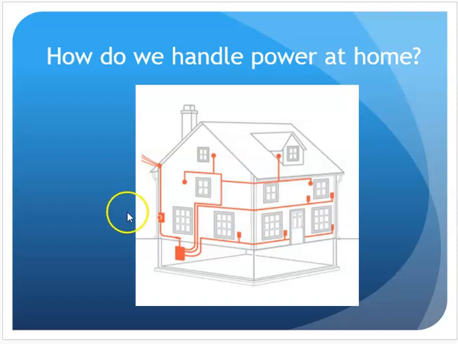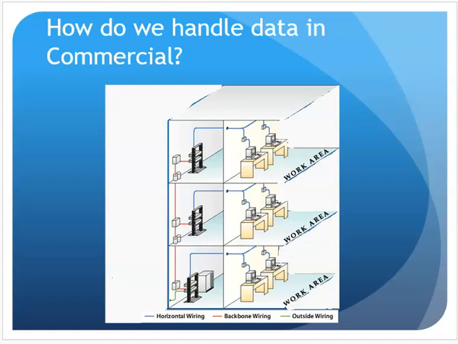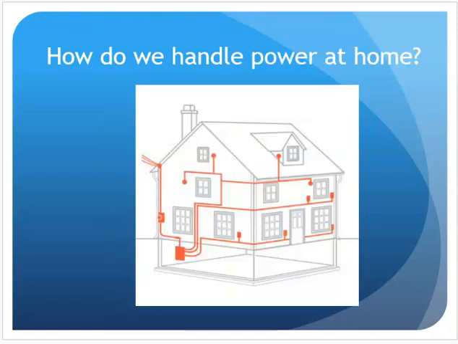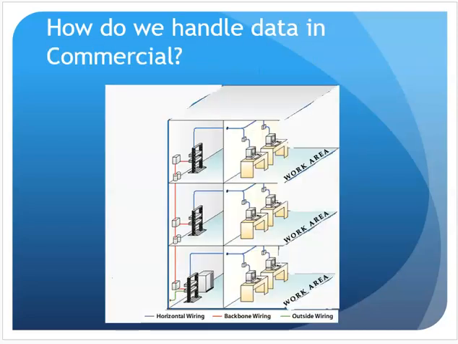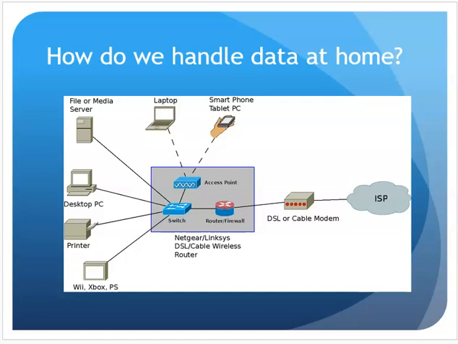So in a commercial building, they've adapted this idea for electrical power into a way that I can get data connections out to various places in my building that I can plug and unplug my computers from. That is how we handle data in a commercial building. Very much like power in your house, same kind of idea. It's really because I have a much larger quantity of equipment that I need to organize and maintain. I don't just have a couple devices with patch cables plugged into my router at home.